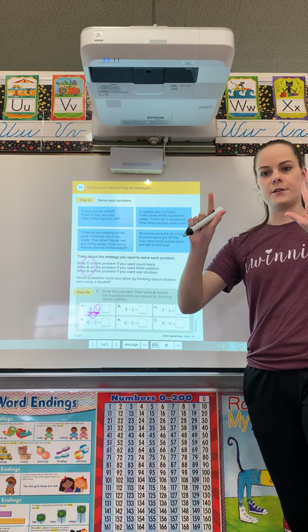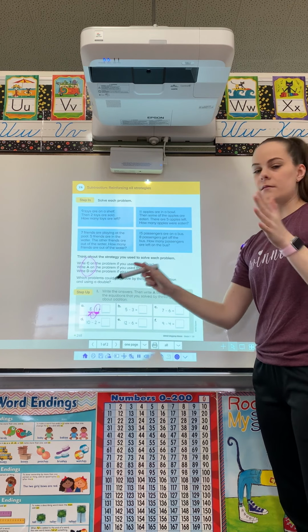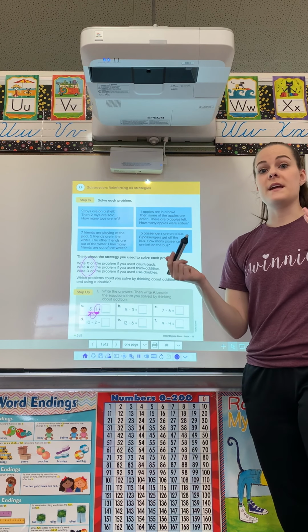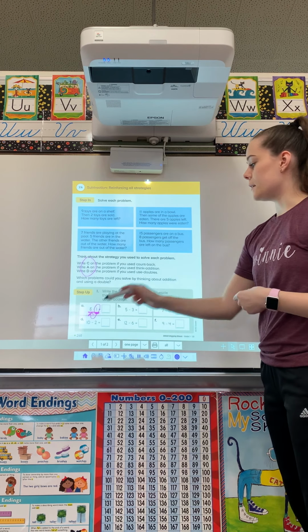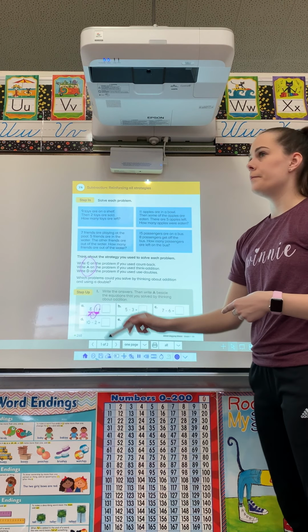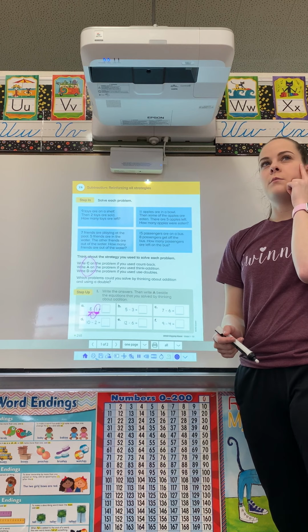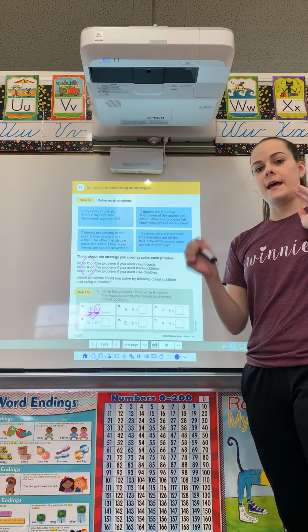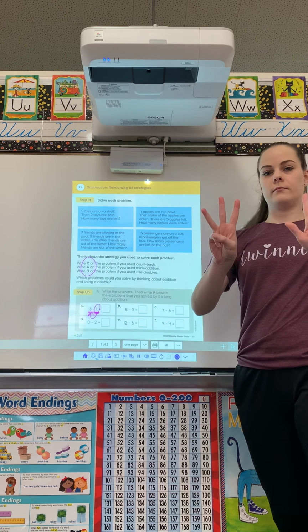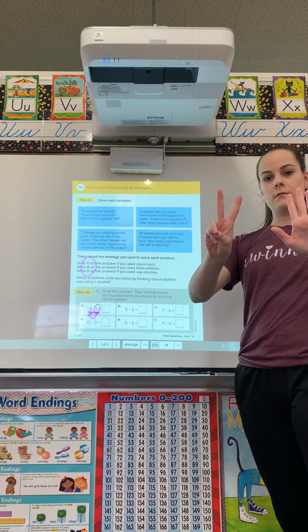So I'll use 7 fingers to get to 8. And that's right, but what makes sense for this one is if I count backwards. Because 8 take away 1, what comes before 8? 7. 8 take away 1 is 7.